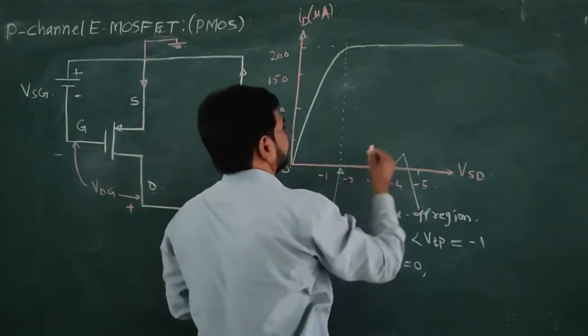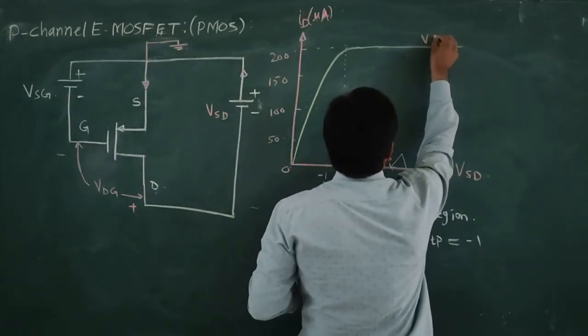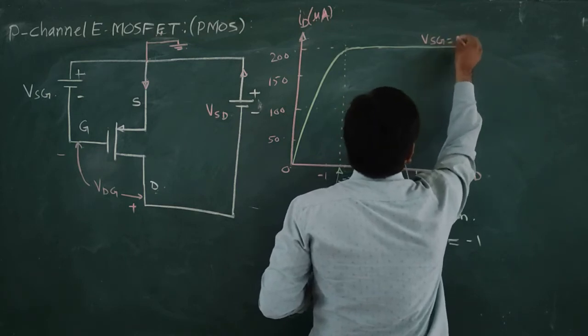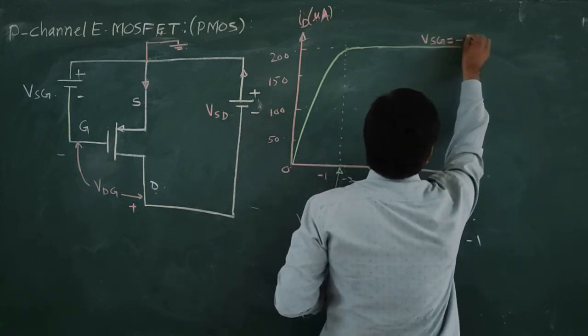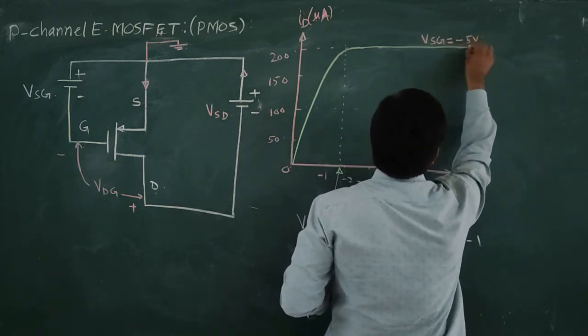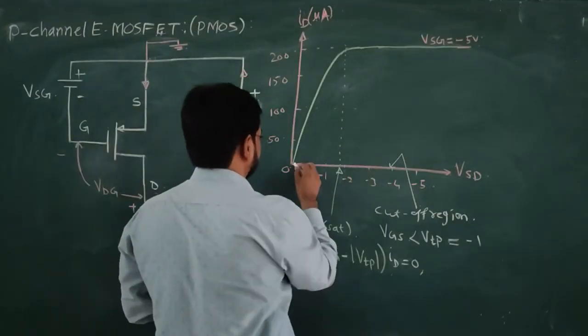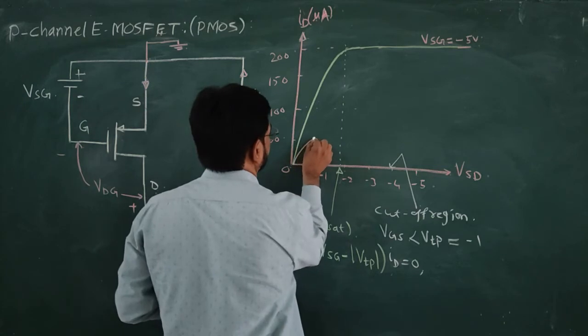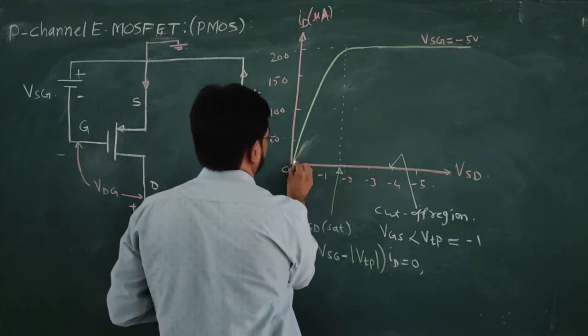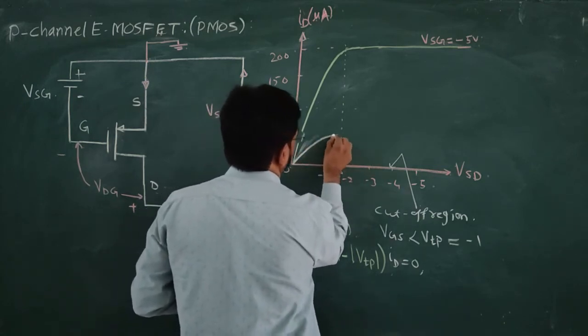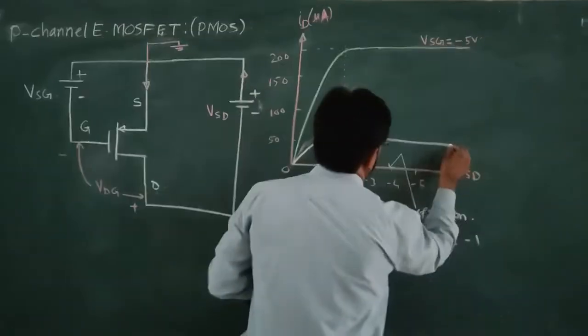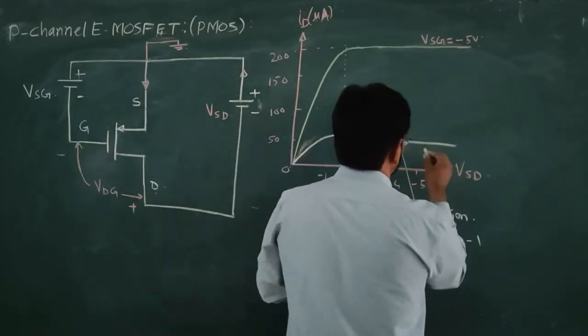So, in this condition VSG is the highest negative, say it is -5 volt. Okay. And in this case, if we draw the characteristic, it is greater than VTP.